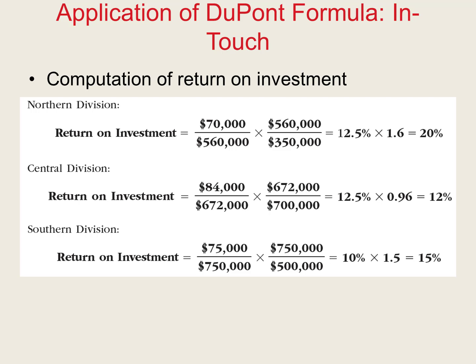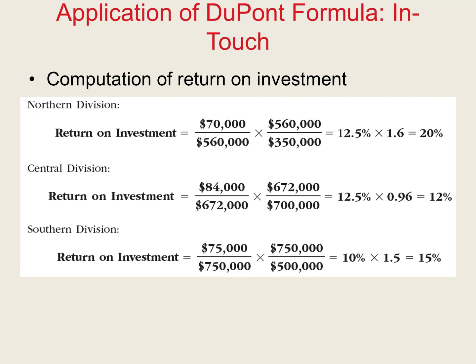Clearly, the Northern Division is impacted by the fact that the invested capital is only $350,000. The lowest investment turnover is the Central Division, clearly because this organization has an invested capital of $700,000, and the Southern Division is in the center.